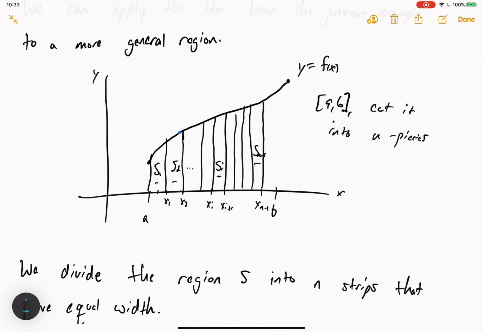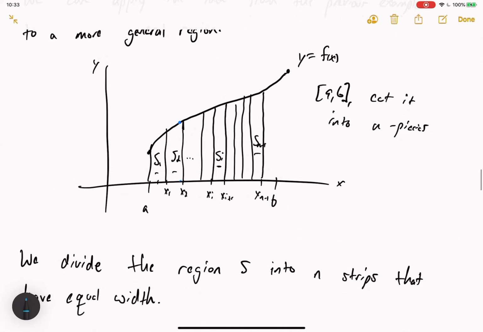Let's say we have a curve y equals f of x, going from a to b. And we're going to cut the section into many different pieces. So it's going to have x1, x2, all the way up to x_{i+1}, all the way up to x_{n-1}, to b. So this is what we get when we take a, b, the whole interval we want to find the area over.